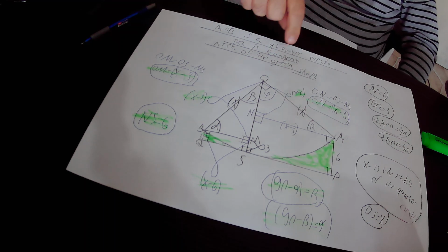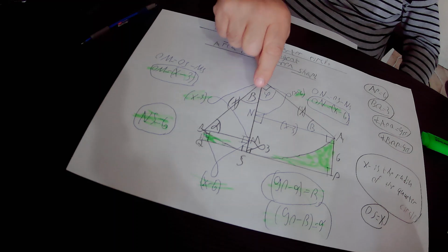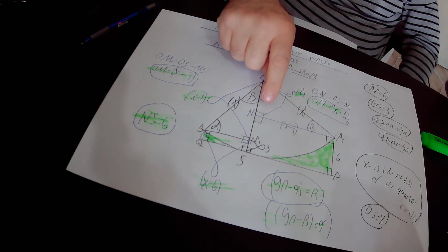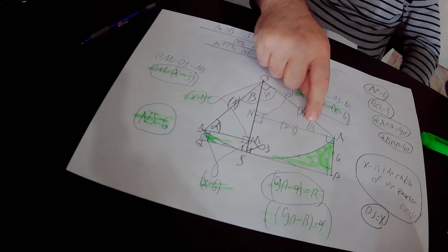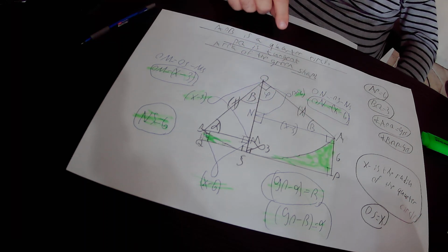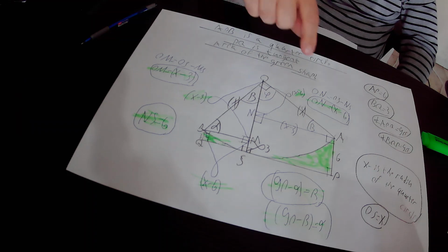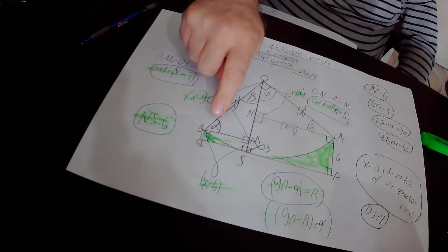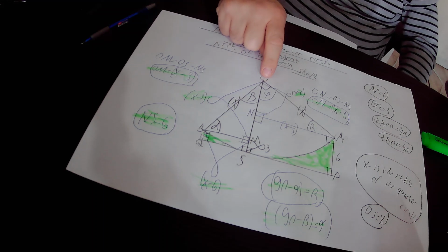So in conclusion, in the right triangle ONA, we have three angles. This angle equals alpha, this angle equals 90 degrees, and this angle equals beta. Then we know that angle OAB is a right angle, equal to 90 degrees.